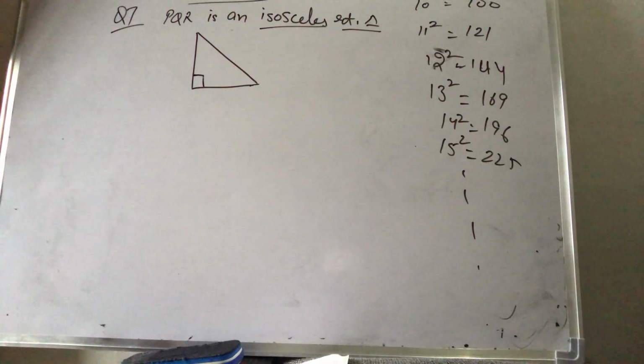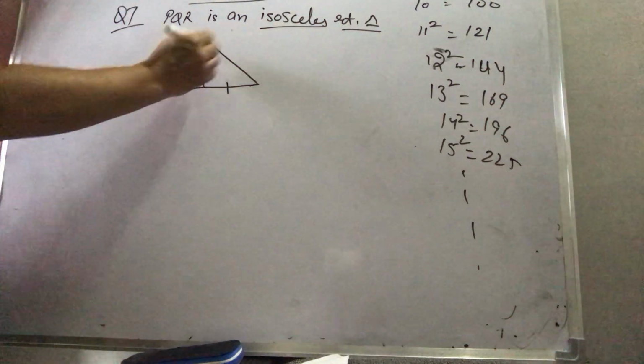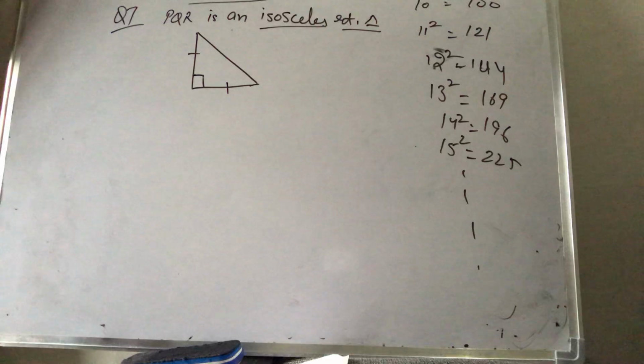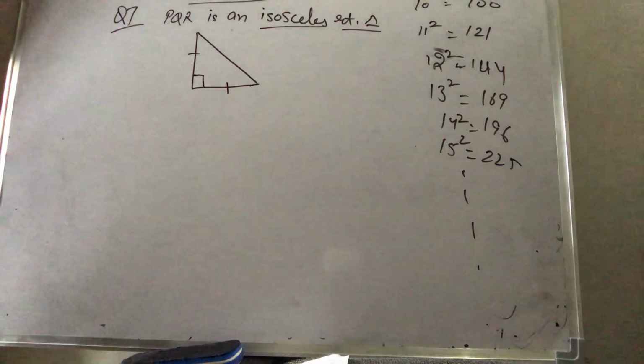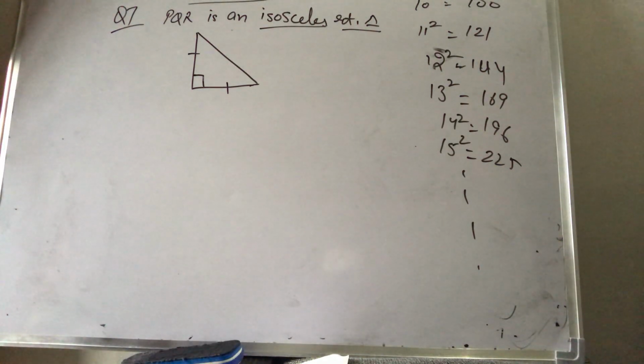In a right angle triangle, if the triangle is isosceles, it always means the base and the height will be equal, because the hypotenuse is always the longest side. It can never be equal to base or height. It can be a scalene right angle triangle, it can be an isosceles right triangle, but it can never be an equilateral right triangle.